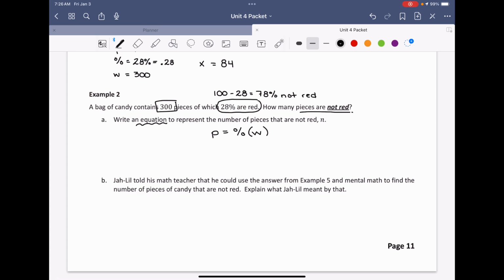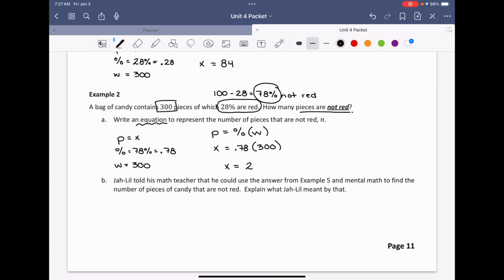So we're going to use this 78% in the equation. Part equals x. Percent is 78%, but we have to change it to a decimal, so 0.78. And our whole is still going to stay 300. So let's plug it in. x equals 0.78 times 300. Multiply it out in the calculator.